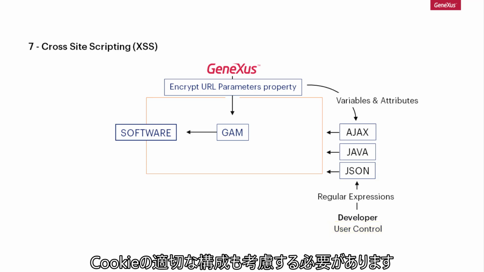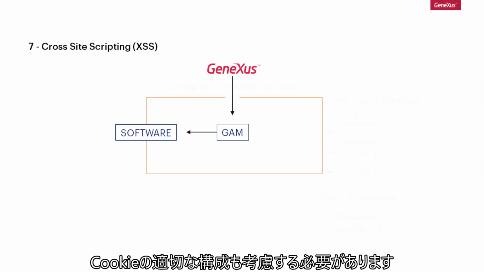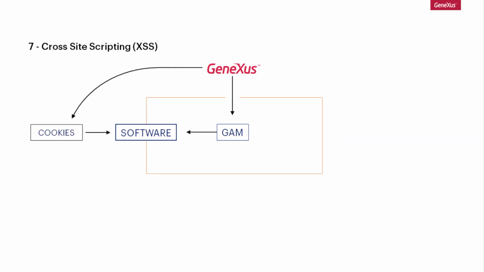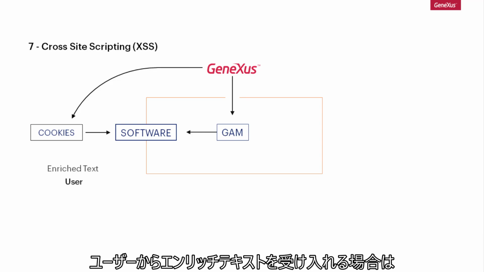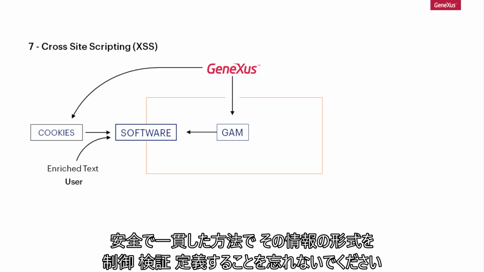The adequate configuration of cookies must also be borne in mind. And also, the disabling of checks generated automatically by GeneXus must be avoided if it's not necessary. In the case of accepting enriched text from users, we must never forget to control, validate, and define the format of this information in a secure and consistent manner.